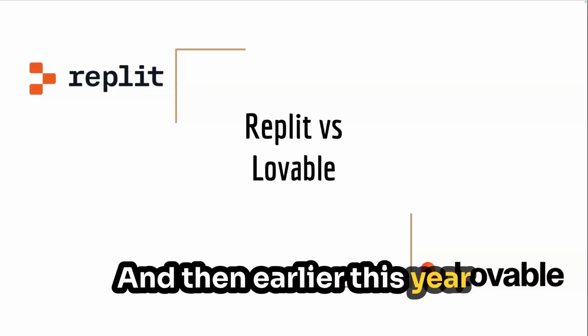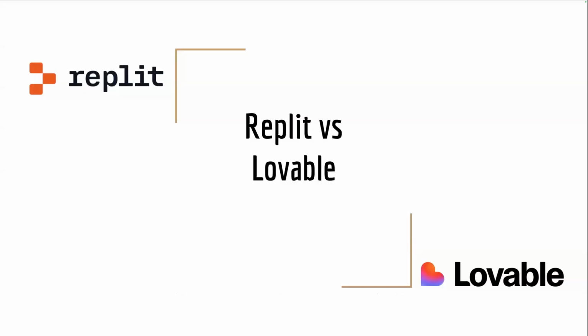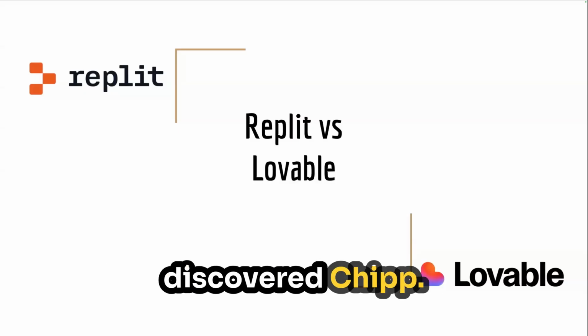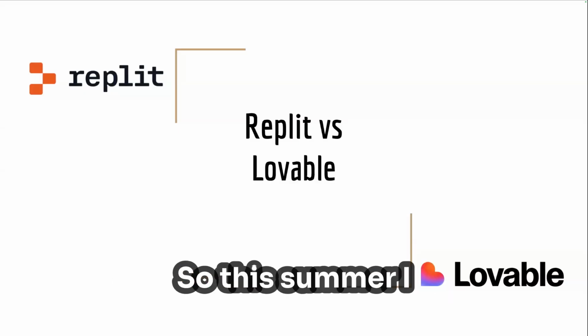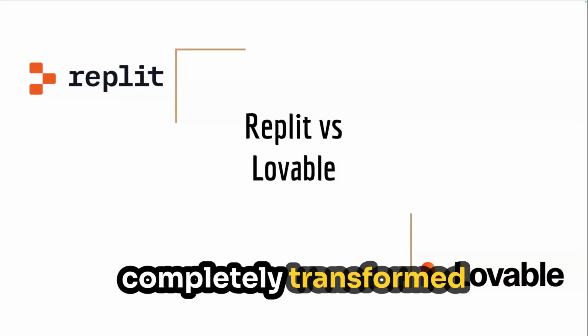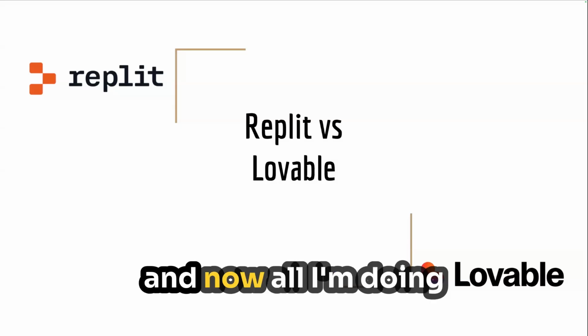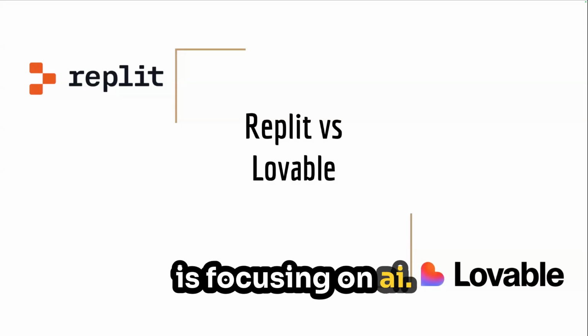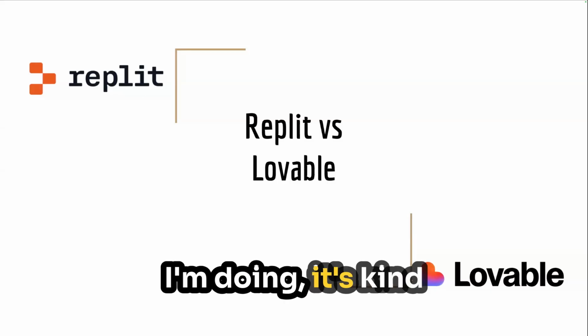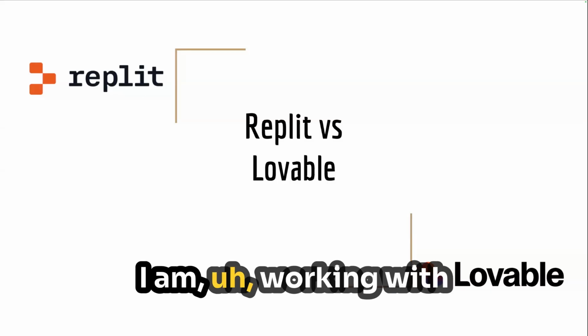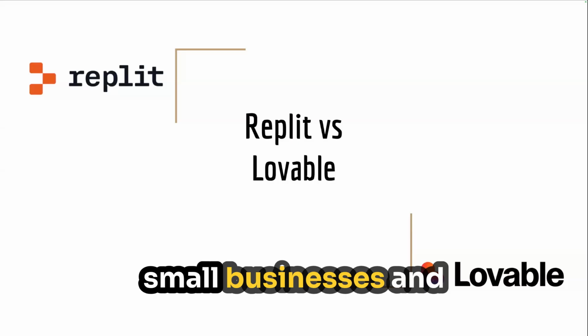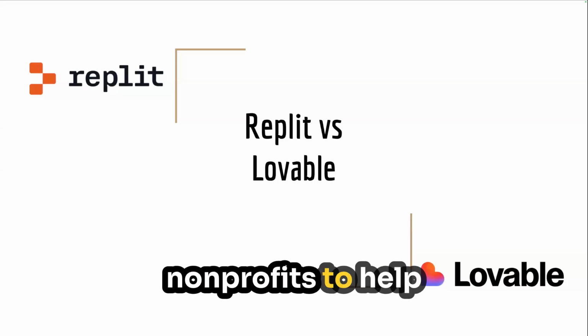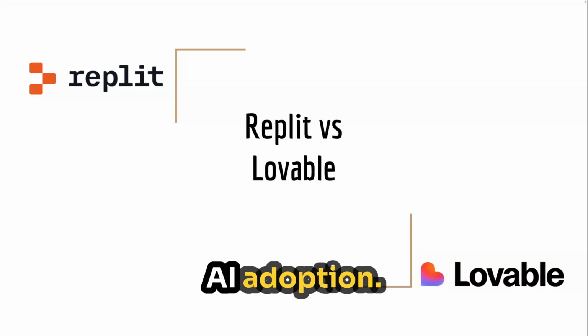Late last year, I discovered ChatGPT. Earlier this year, I discovered vibe coding. So this summer, I completely transformed my entire business, and now all I'm doing is focusing on AI. A lot of what I'm doing is similar to what Carlene's doing. I am working with small businesses and nonprofits to help them with AI adoption.